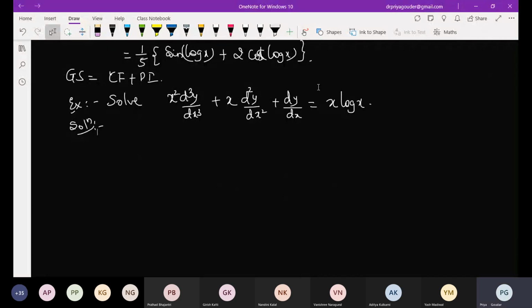See this question and tell me, does it belong to the first category, with constant coefficients, or is it Cauchy's, or is it different? Which case does it belong to? It is not Cauchy's, ma'am, the variables are not Cauchy.